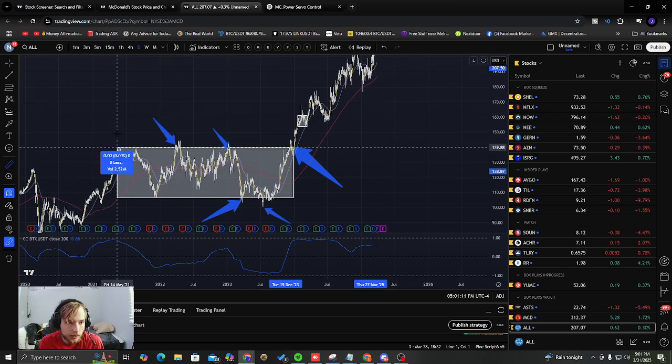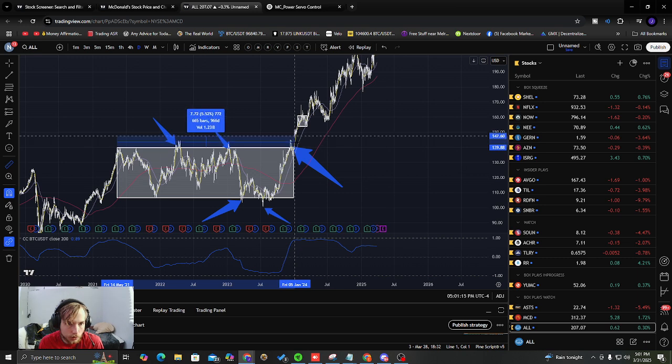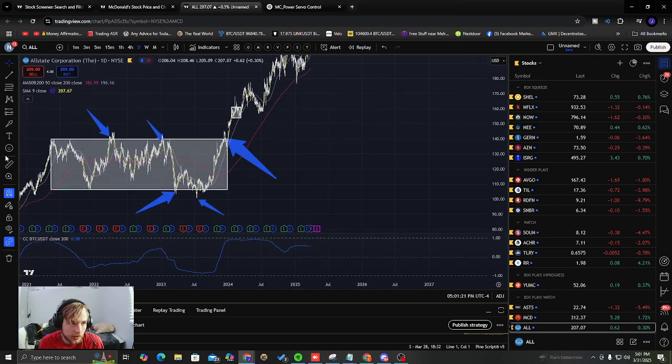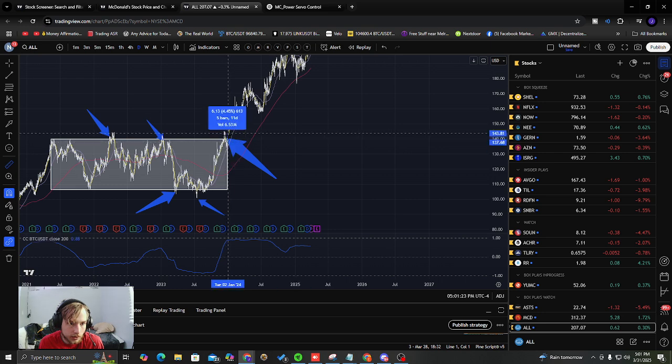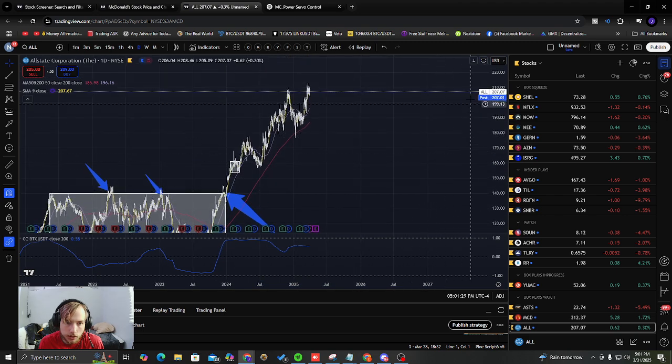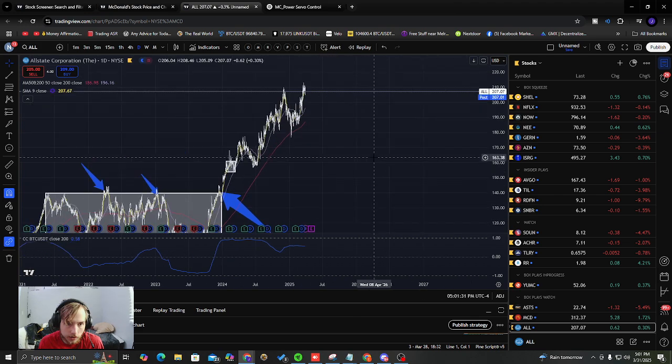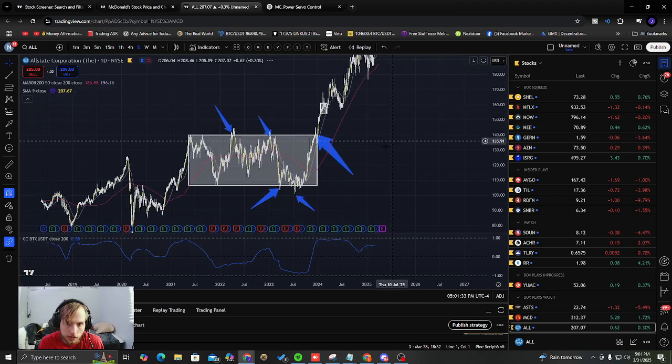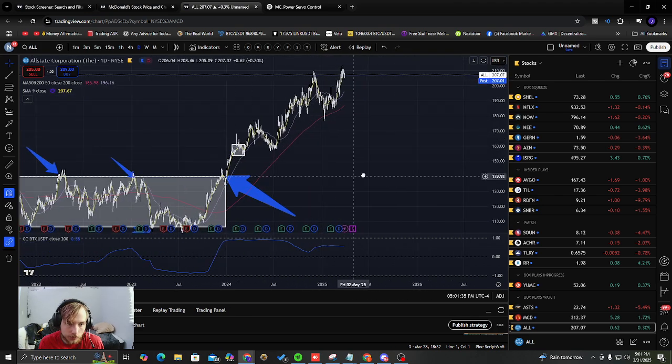And the time frame for how long this plays out, you usually want to hold for as long as the box is. So that'd be 900 days here that this trade could play out for. So still some time, still some energy that could be shown from this.